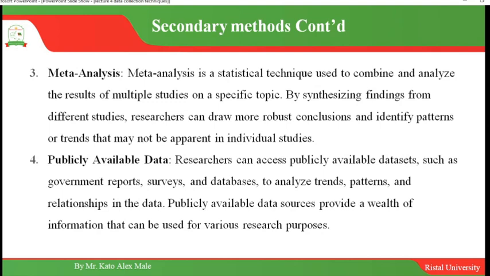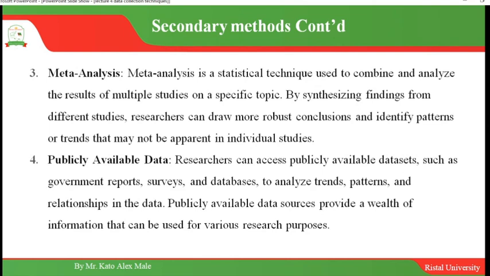Therefore, when we perform a meta-analysis, we analyze very many results of multiple studies on that particular topic called contraceptive use. We try to fill gaps that were not filled by the papers written by other individual researchers. You get the importance of meta-analysis, eh? Yes, that is a secondary method as well.